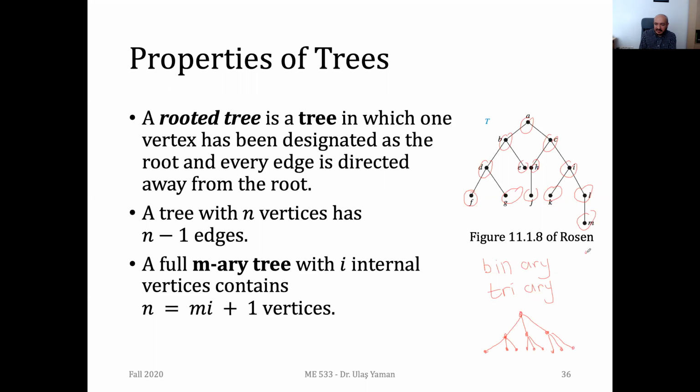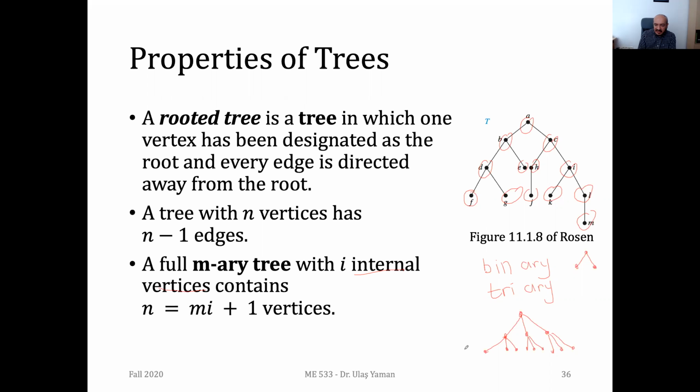Let me have a ternary example here, and then I'll have a look at the given property. It says that if you have such an M-ary tree having i internal vertices, then it should contain this total number of vertices. So first of all, what is an internal vertex?